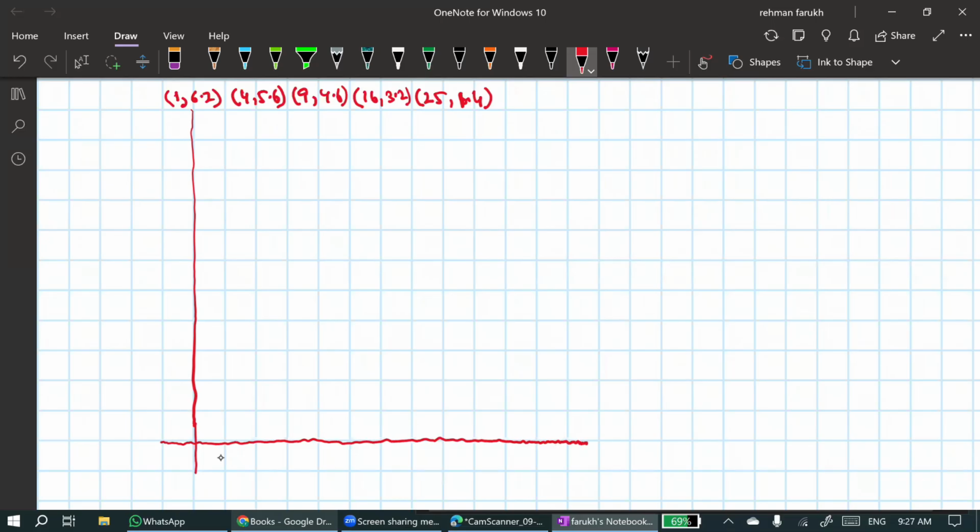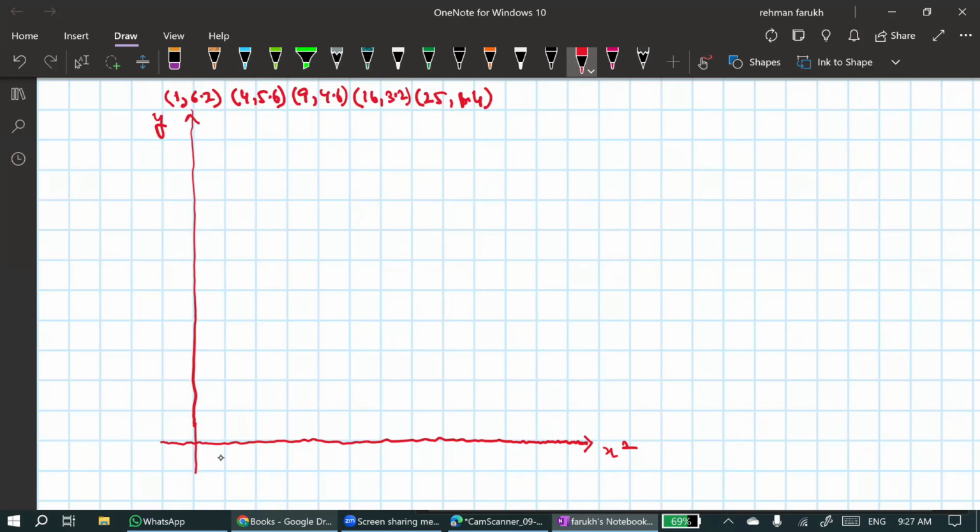Now, on x-axis, we have values from 1 to 25. Label the axis.